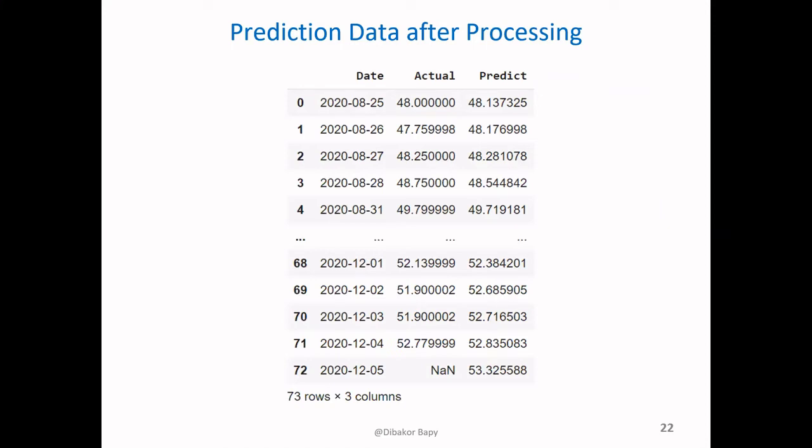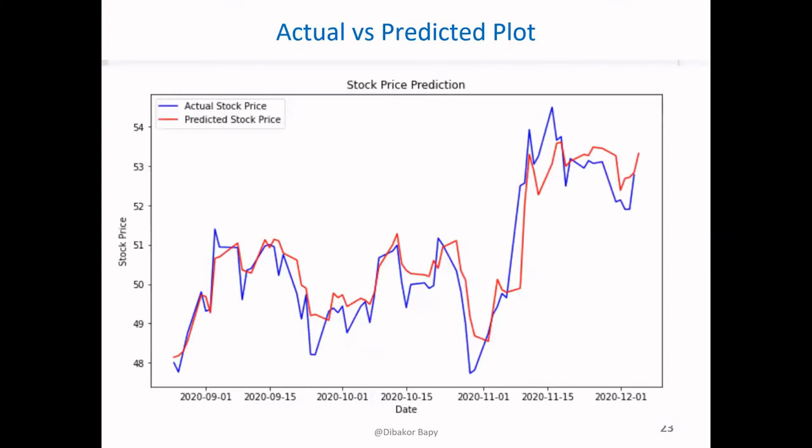This is the prediction data frame after processing. We can see the predicted prices with their corresponding actual price and date. This is the actual versus prediction plot. We can see the predicted prices following the actual prices very closely.